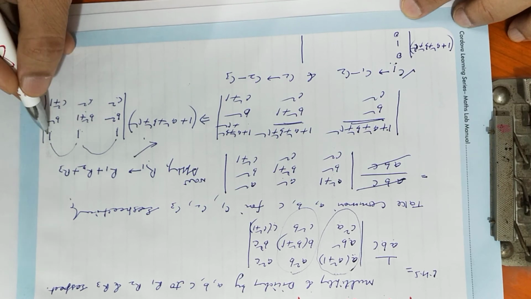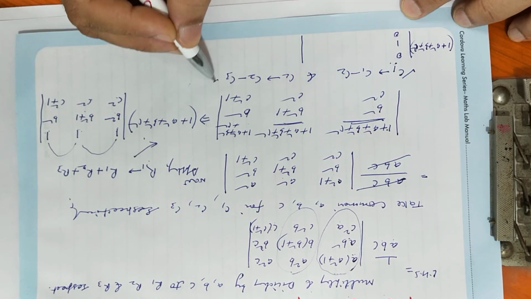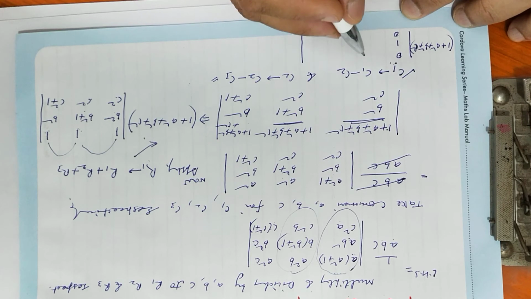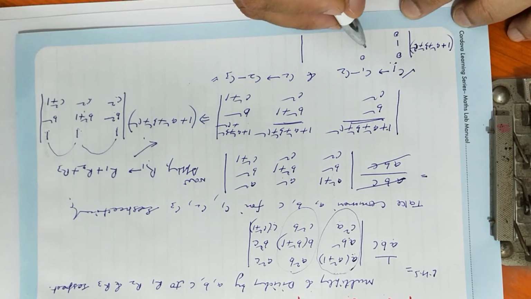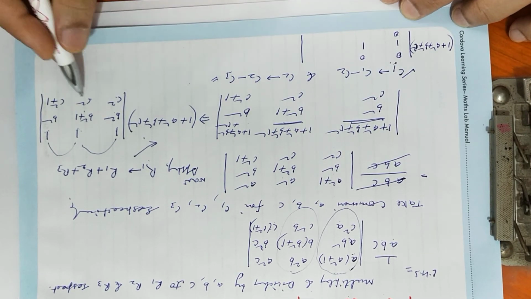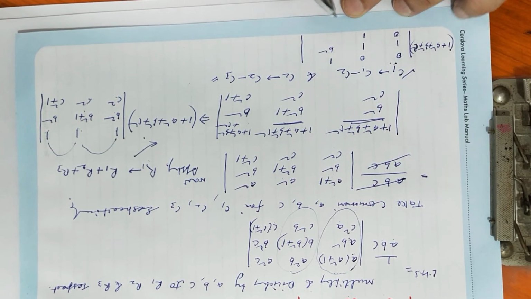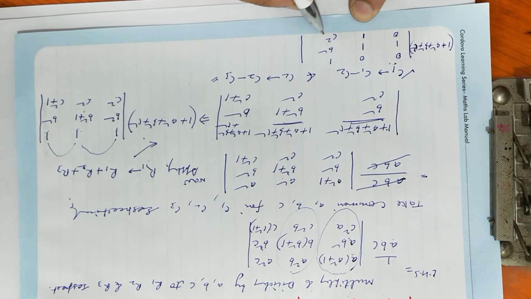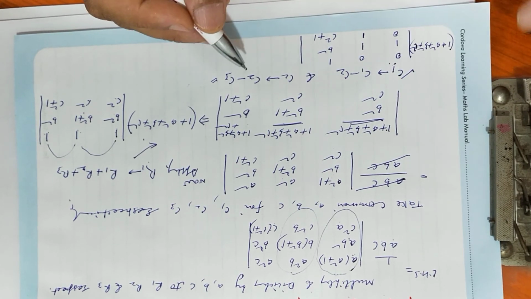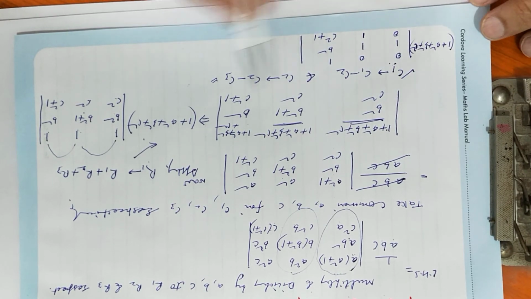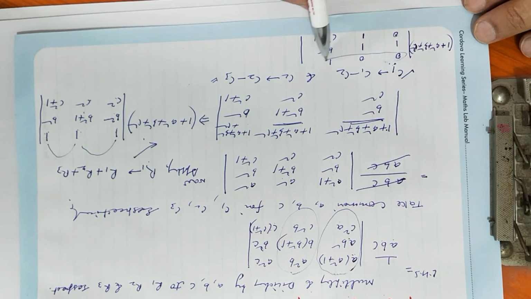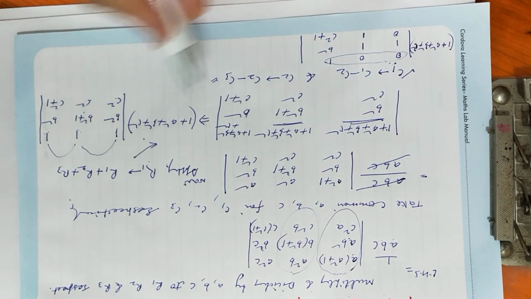C1, C2 and C3, subtract these two, apply this operation now. 1 minus 1, 0. This minus this, you will get 1. And this minus this, you will get 1. C3 write as it is. There is no change in C3. Now we are getting 2 zeros here.